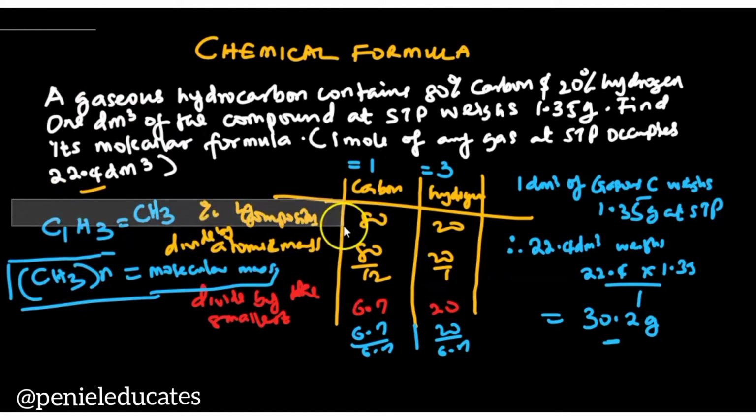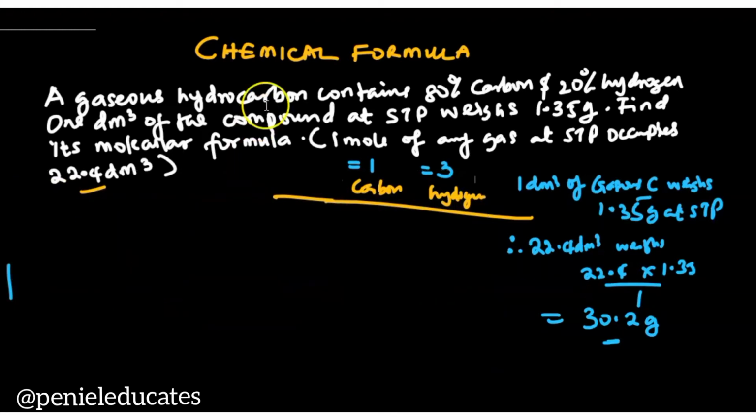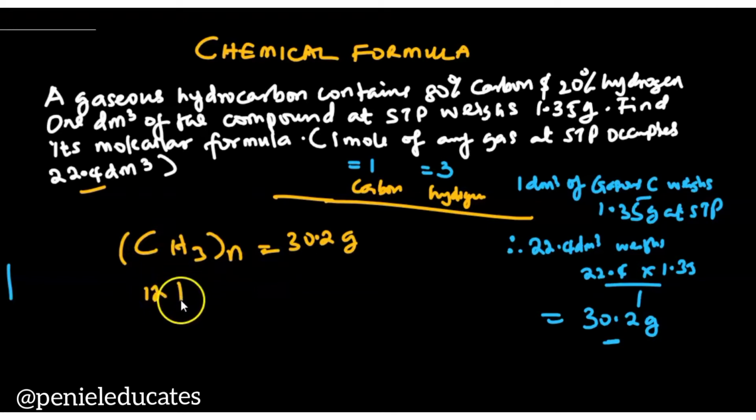So let's now calculate. Don't forget we said that the compound is CH3N, which is equal to 30.2 gram. The atomic mass of carbon is 12 plus the atomic mass of hydrogen is 1, 3 times 1 is 3. Everything into N is 30.2 gram.